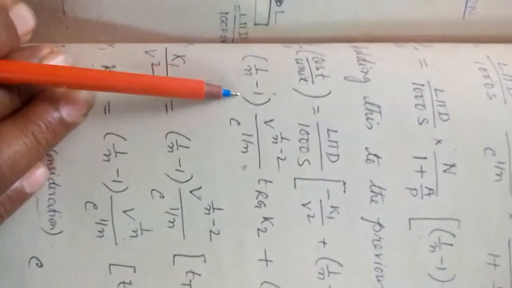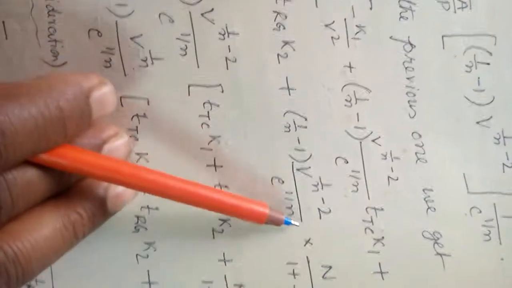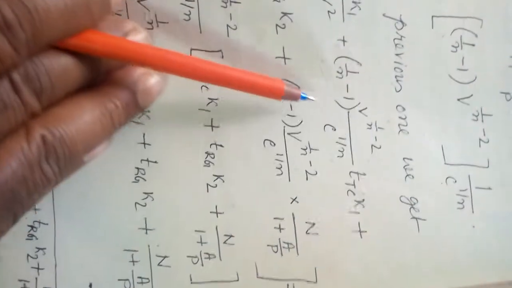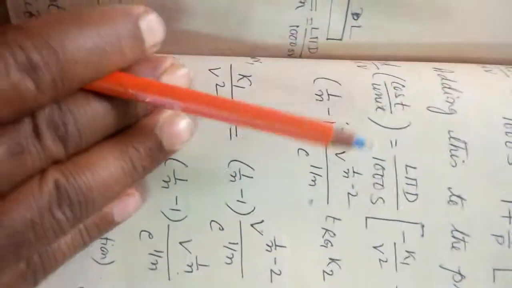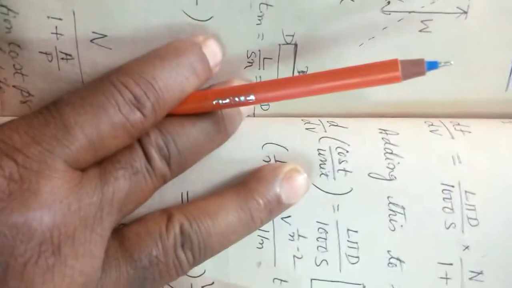Right now we have done it for depreciation cost. So we are adding this to the previous one and differentiating the total cost per unit.